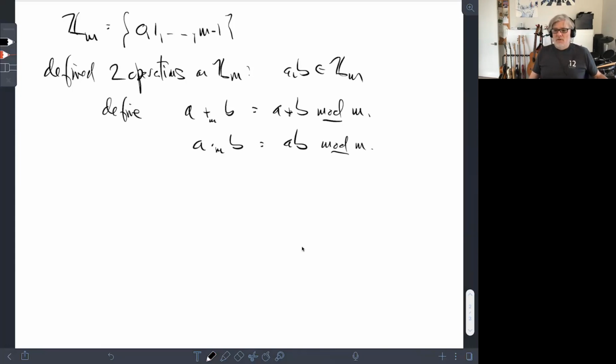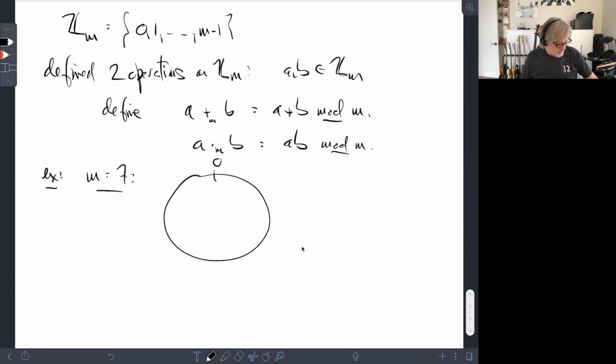Now, this is exactly what you think it is when you go around the circle. For example, let's say m is 7, so I've got 0, 1, 2, 3, 4, 5, 6, like that. Let's say I look at 5 plus 6.